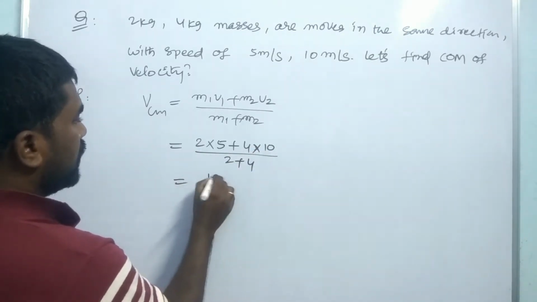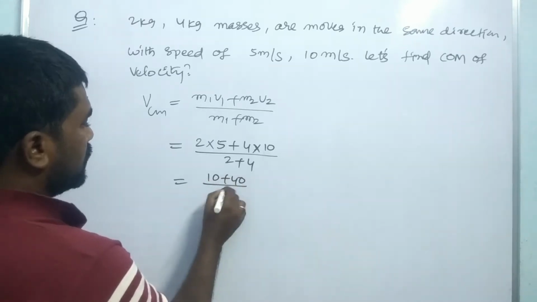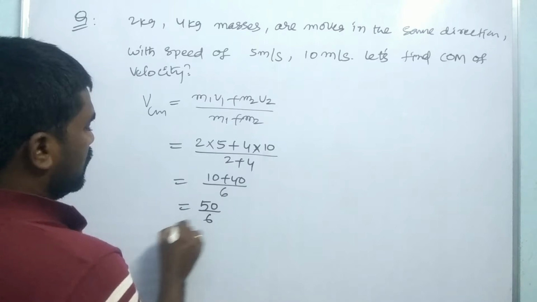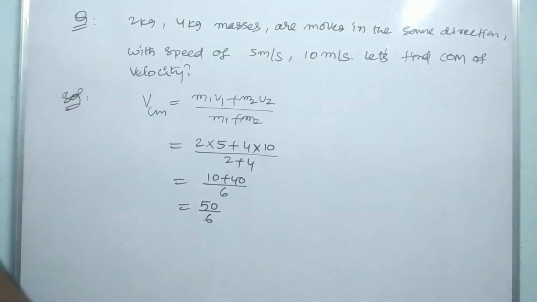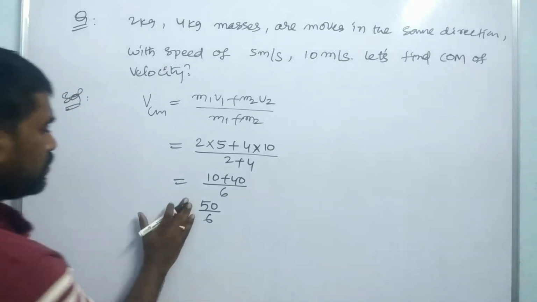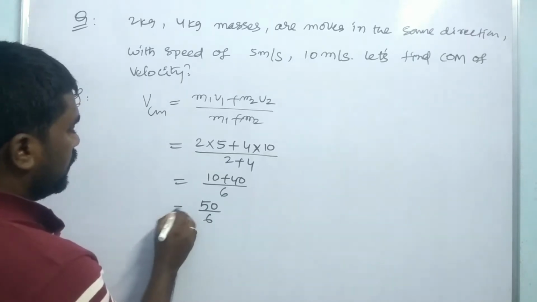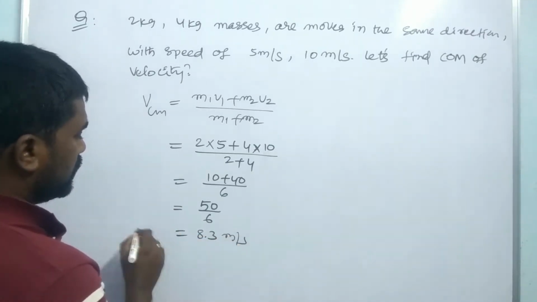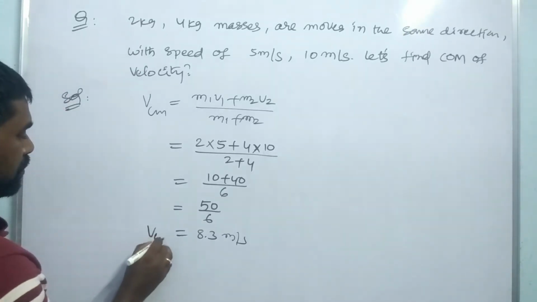It is equal to (10 + 40) by 6, which is 50 by 6, that is 8.3 meter per second here. So this is the VCM.